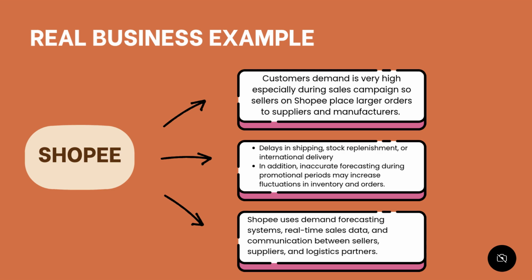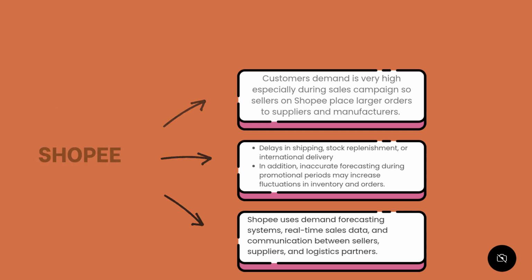So, in order to reduce the bullwhip effect, Shopee uses demand forecasting systems, real-time sales data, and communication between sellers, suppliers, and logistics partners. These methods help improve inventory planning, reduce uncertainty, and make the supply chain more efficient.